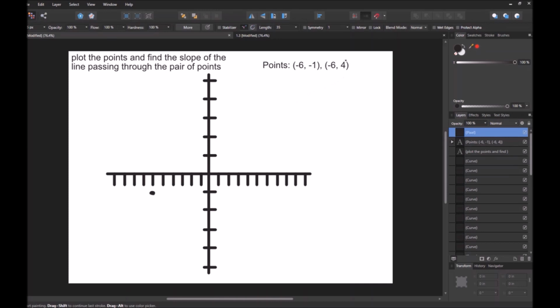And then for our next point, -6, 4, we're going to go to the exact same spot on the x-axis, just up 4. So we're going to go 1, 2, 3, 4. And then we're going to draw a line connecting the two. And imagine this is a straight line. And now we have to find the slope of the line connecting these 2 points.